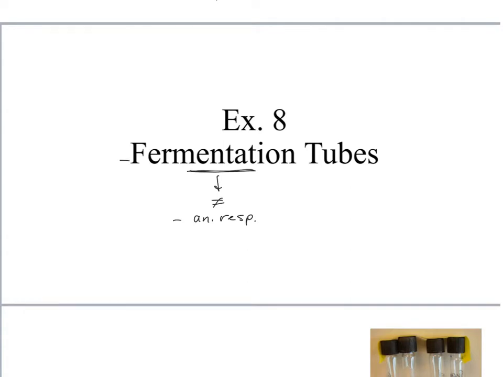But remember, anaerobic respiration typically goes through some kind of a Krebs cycle and an electron transport chain and some kind of inorganic ion, like maybe nitrate, is used as a final electron acceptor. In fermentation, something typically organic already there in the cell is used as a final electron acceptor, like pyruvate.